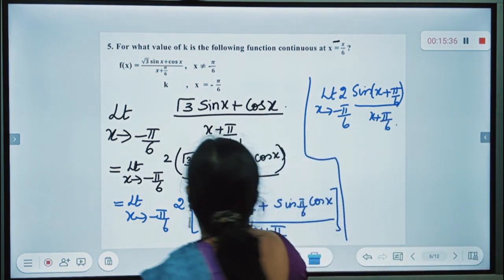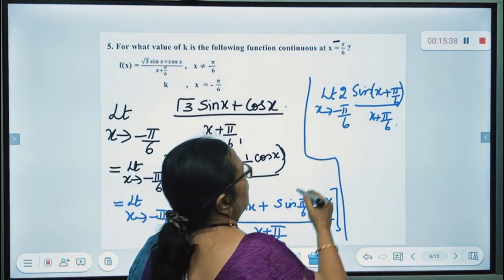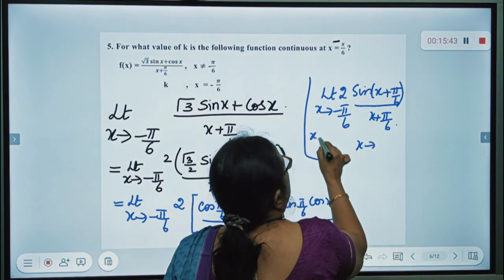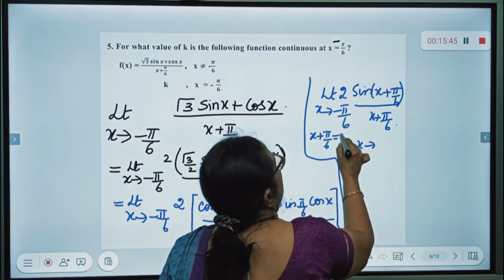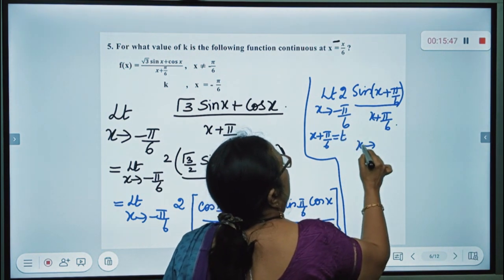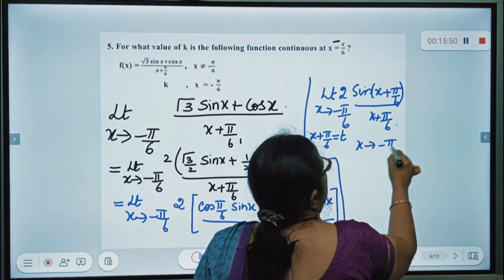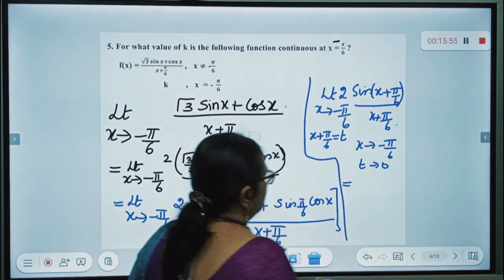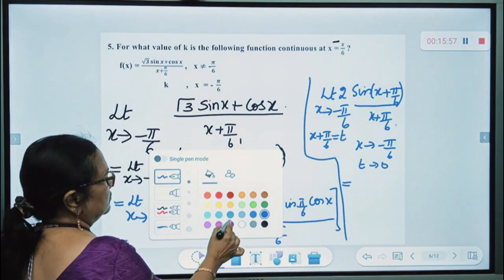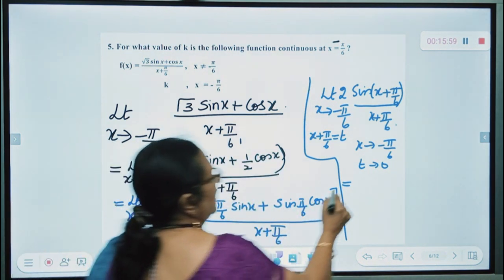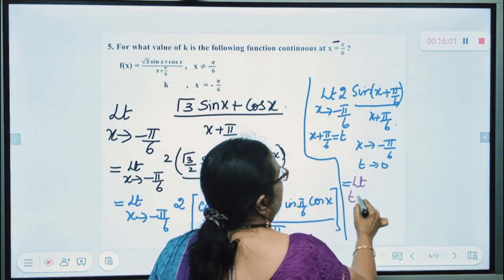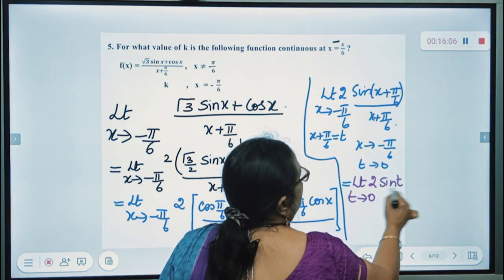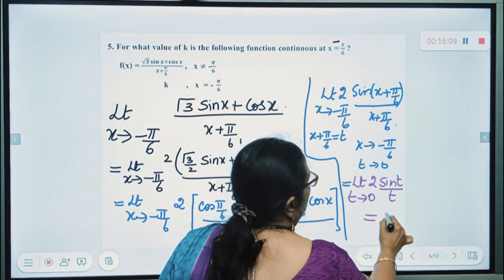Now if I write x plus pi by 6 as t, as x tends to minus pi by 6, t tends to 0. So the whole limit will be limit t tends to 0 of 2 times sin t by t. This is 1, so it is equal to 2.